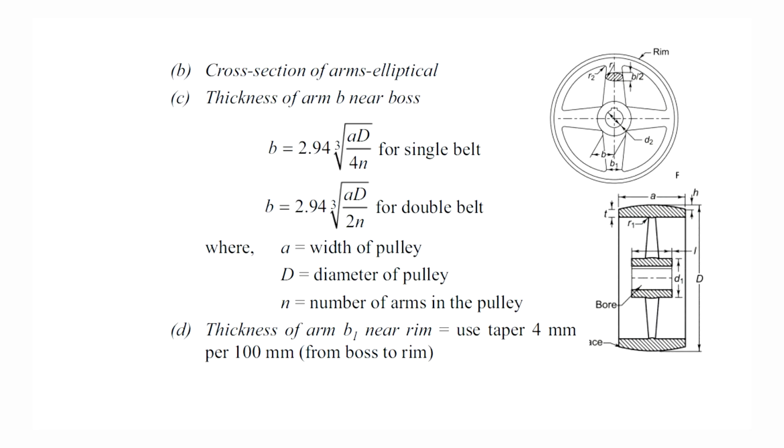Now, the cross section of the pulley arms may also be obtained directly from this formula, for the thickness of the arm near the boss, that means at this XX section which we determined, for the single belt and for the double belt, where A is the width of the pulley, capital D is the diameter of the pulley, and small n is the number of arms in the pulley.